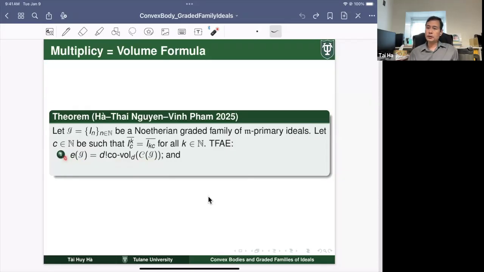So this looks very similar to what we have seen in Teissier's results, in Okounkov's and Kaveh-Khovanskii's results. The difference here is this body is constructed independent of any good valuations, right? But the trade-off is it doesn't always work. This happens if and only if your family contains a subfamily of NND ideals.